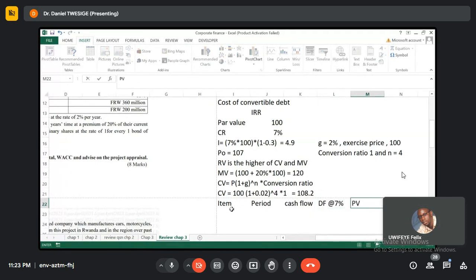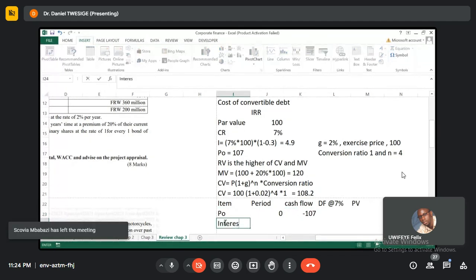Then our present value. So we have the P0 in period 0, which is 107.